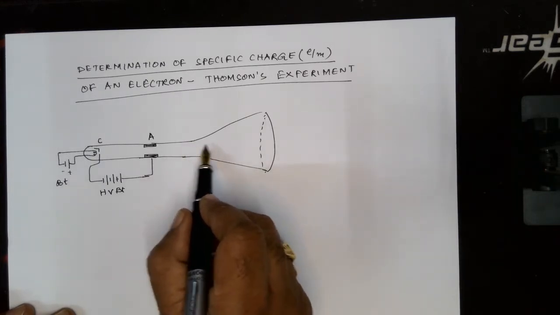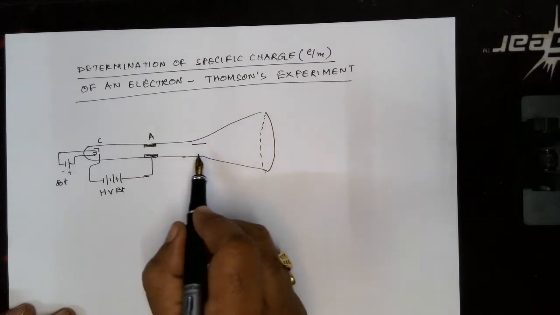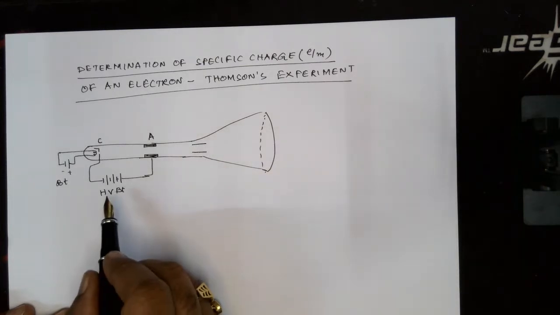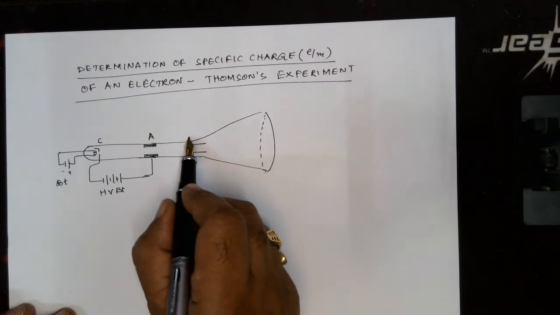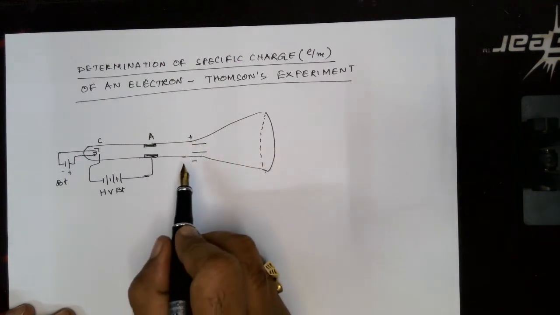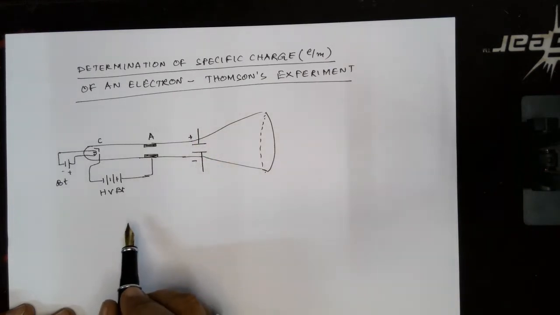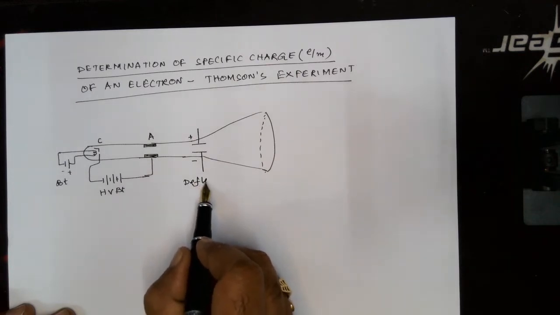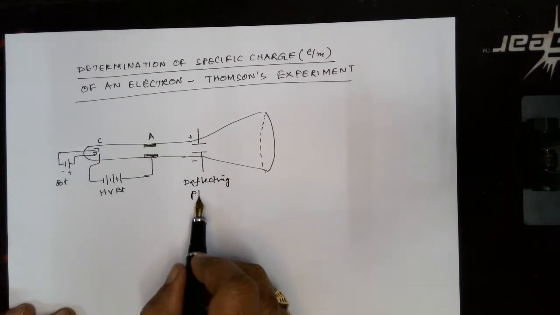Here deflecting plates are provided. One is anode, another is cathode. They are called deflecting plates.